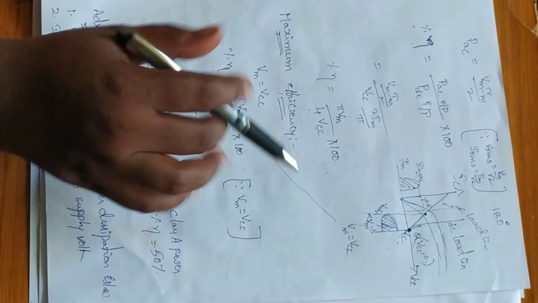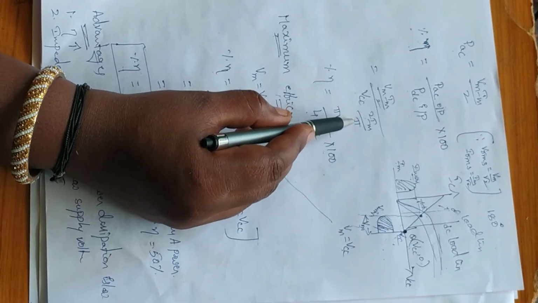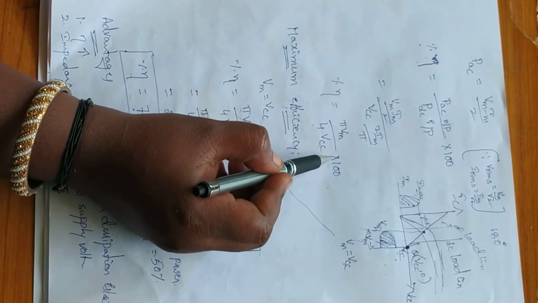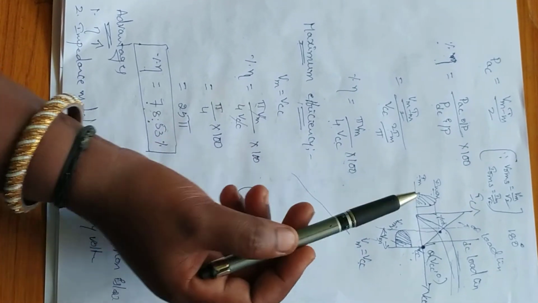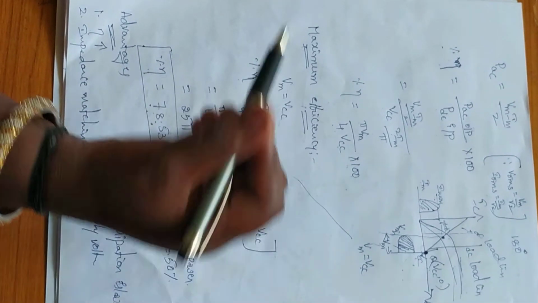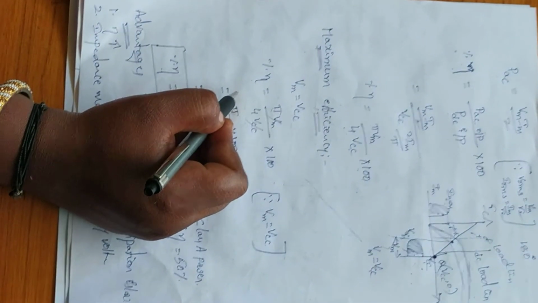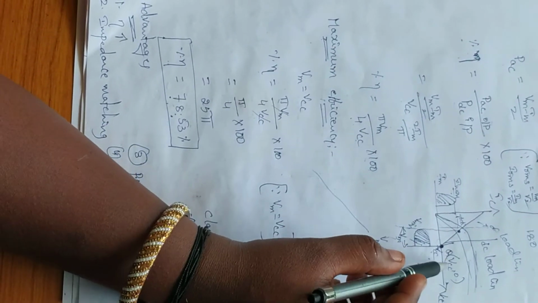So finally we get pi Vm by 4 VCC into 100. Here, Im gets cancelled.